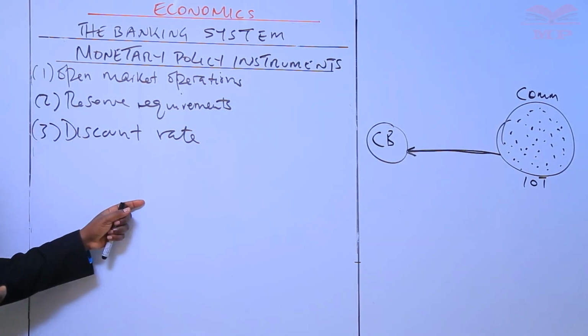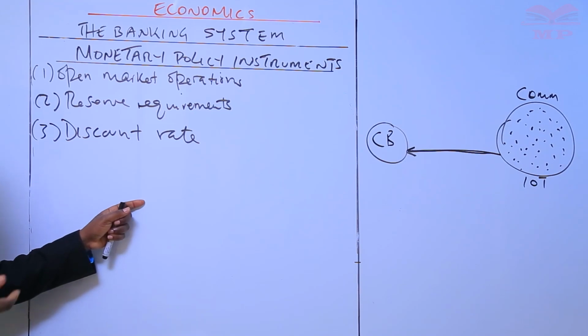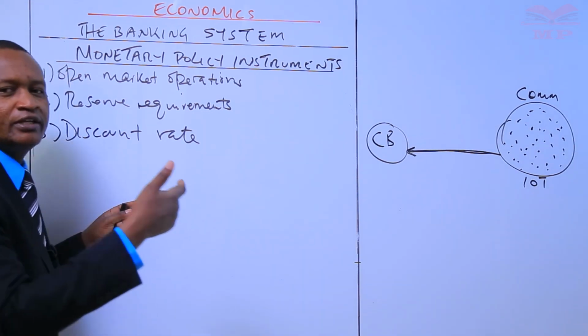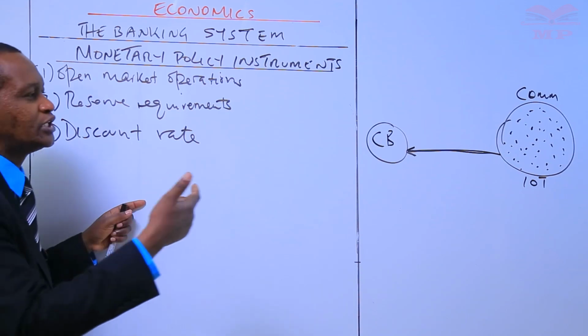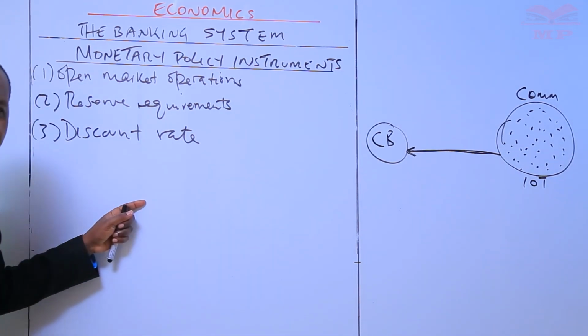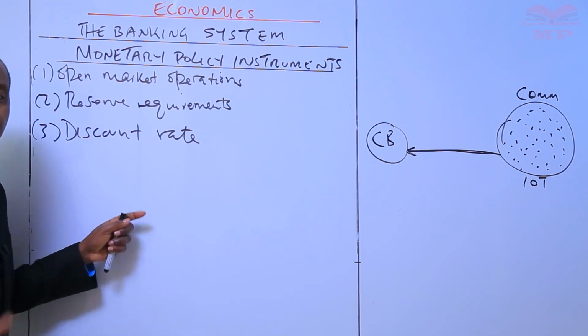Such transactions are known as borrowing at the discount window. And candidates, the discount rate is set by the National Bank, subject to the Board of Directors' approval.